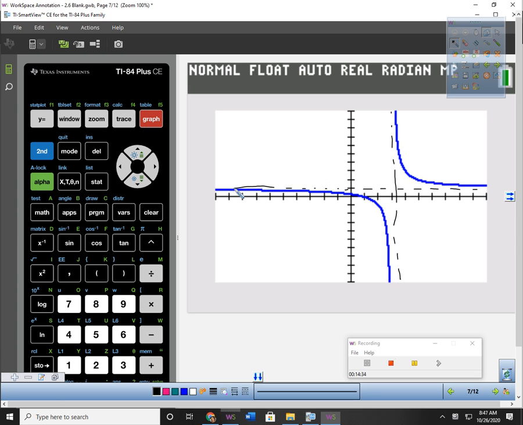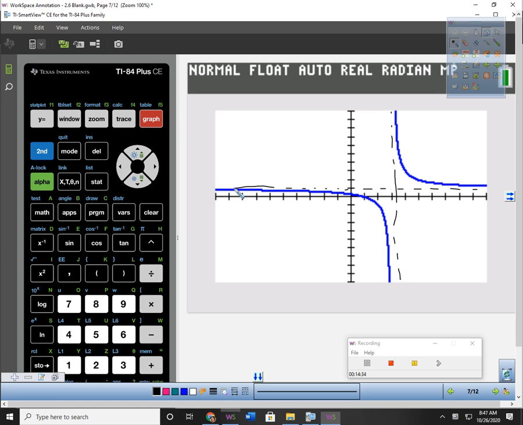But if you look, do you see any holes on your graph? There are no holes. The graphing calculator will not graph holes. All right? But, let's see. It was when x was negative 2, correct?